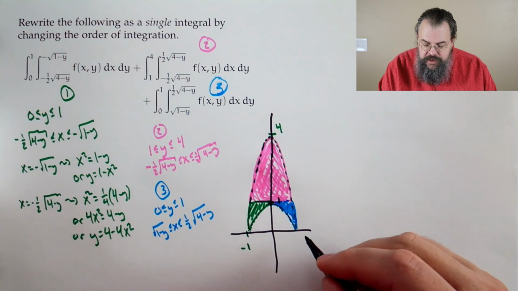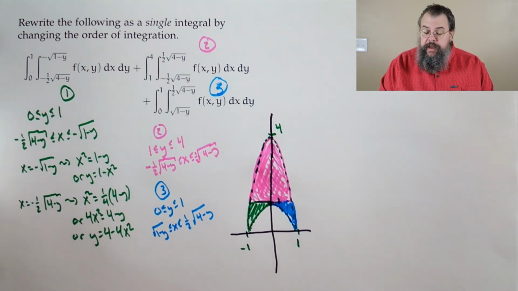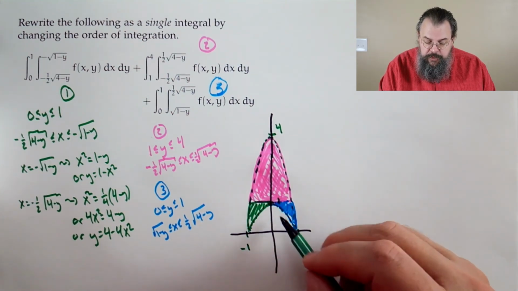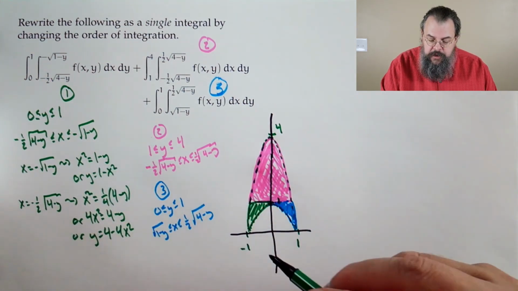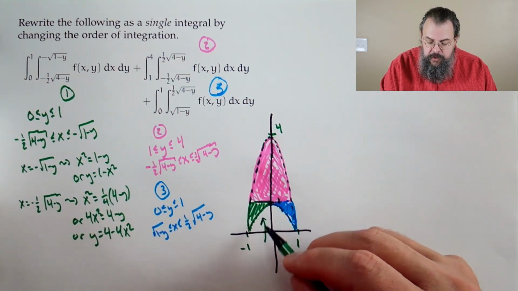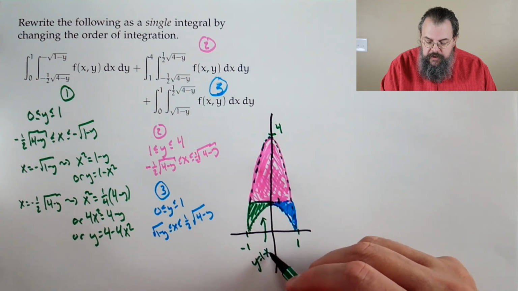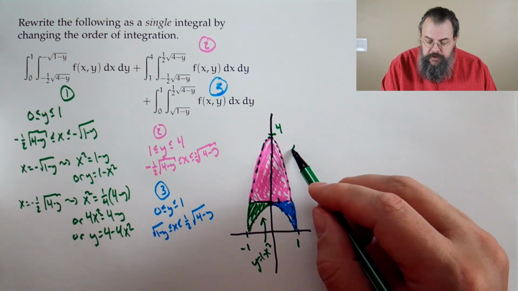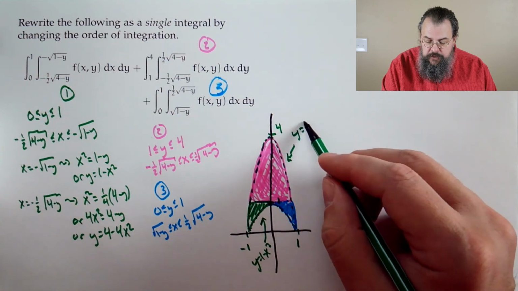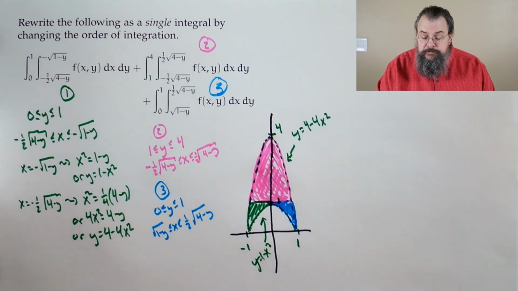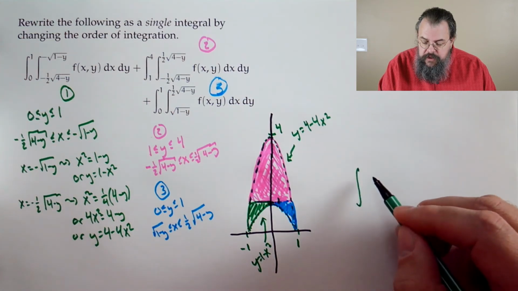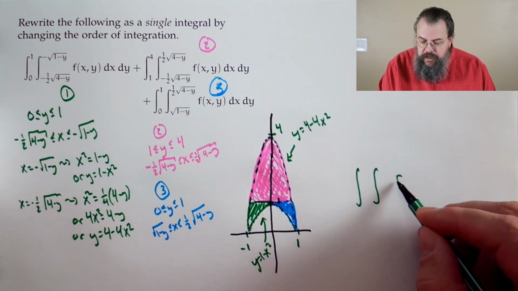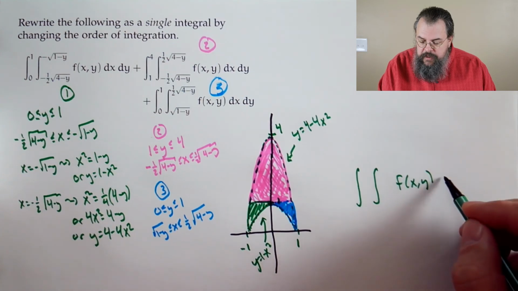This intersects at -1 and +1 on the x-axis. This bottom parabola, we actually worked it out. This is the parabola y equals 1 minus x squared. And this top parabola is y equals 4 minus 4x squared. So what we get is an integral of f of xy dy dx.